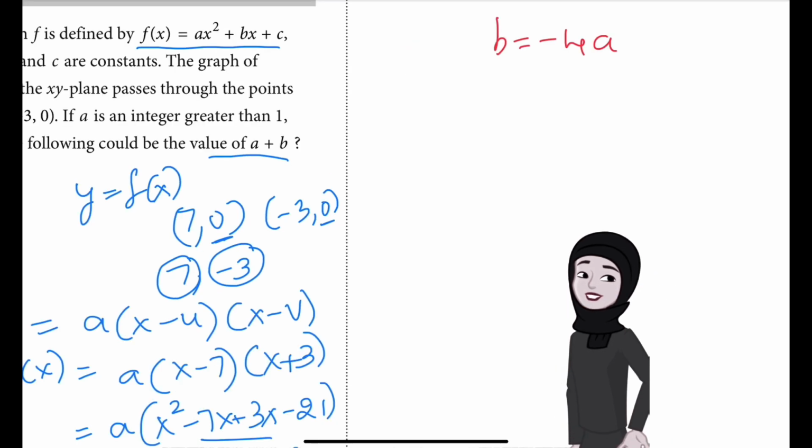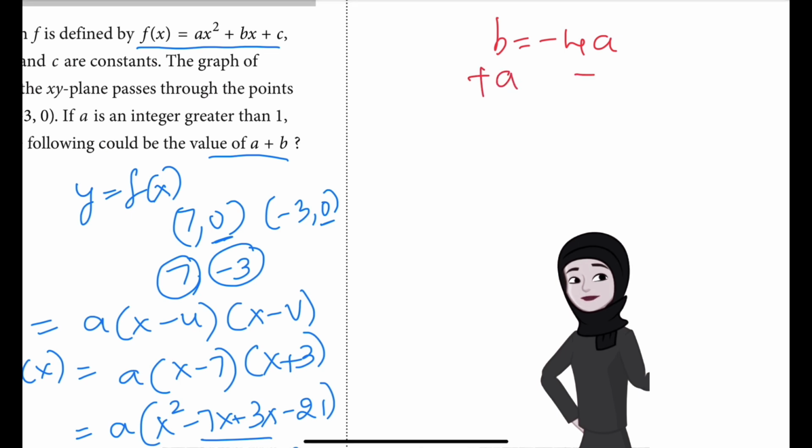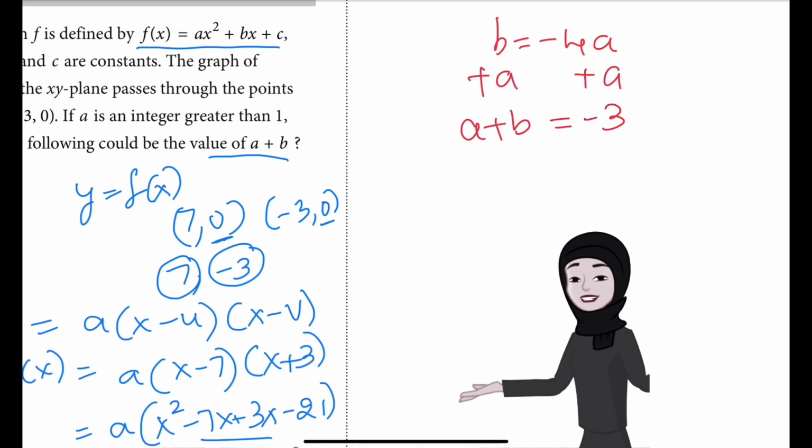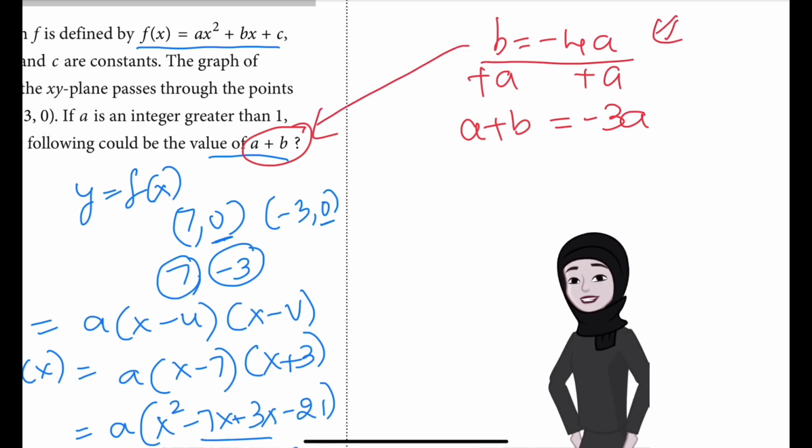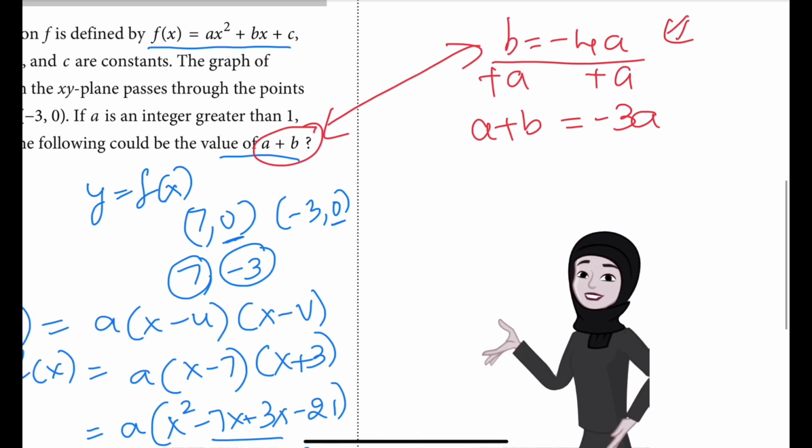So let's use one strategy: adding a to each side of the equation. We get a plus b is equal to minus 3a. Because we are focusing on finding a plus b, and since we know that b is equal to minus 4a, strategically we are modifying it to the value which we need in this question.